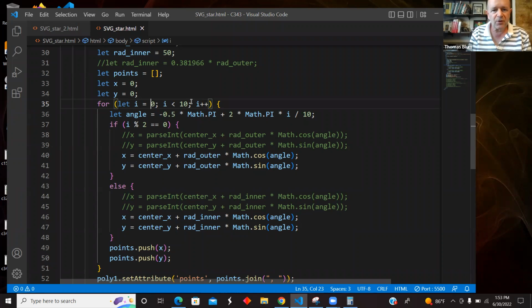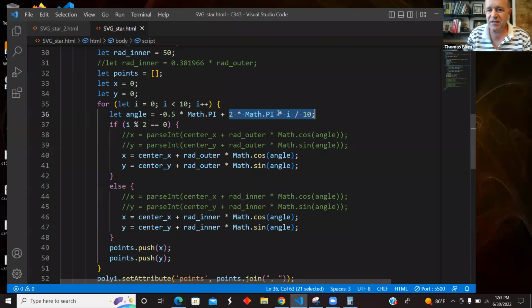incrementing by 1. Okay. I need an angle, and my angles will be in radians. The second part over here involves i. When I start, i is 0, and so I'm starting off at -pi/2.